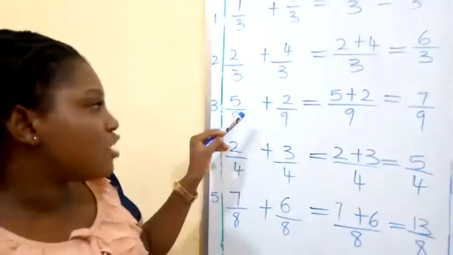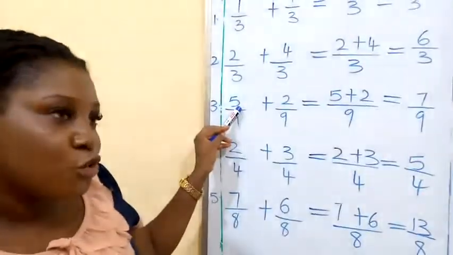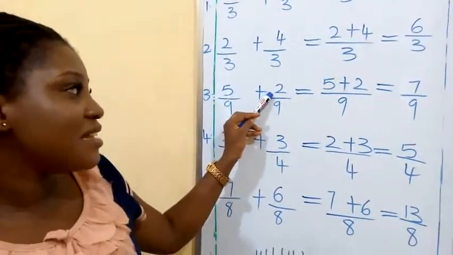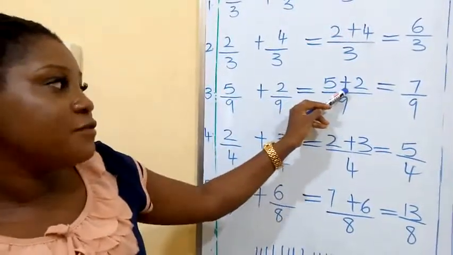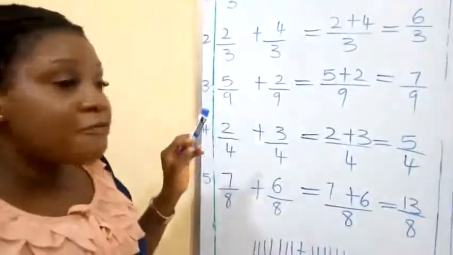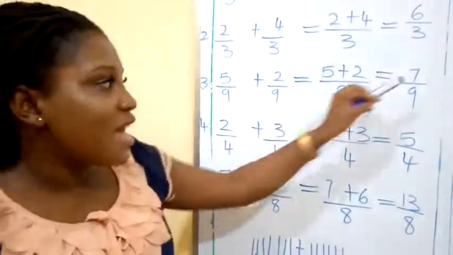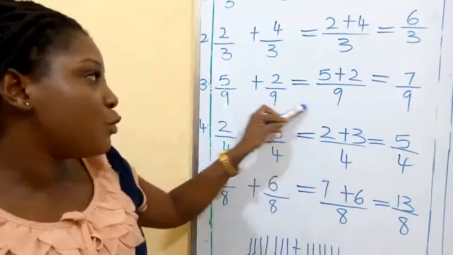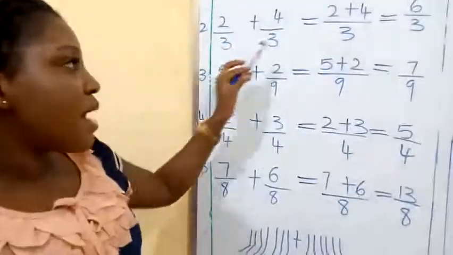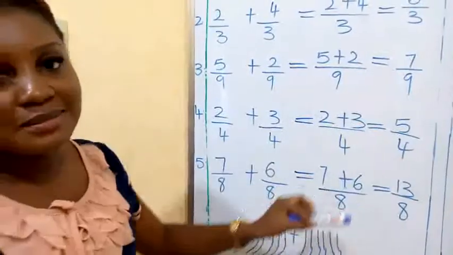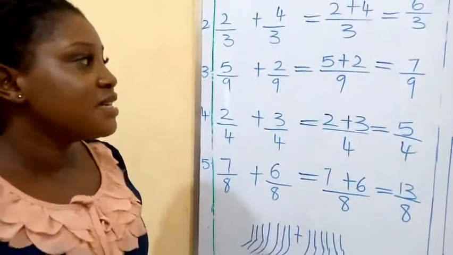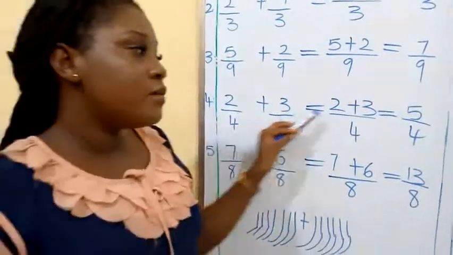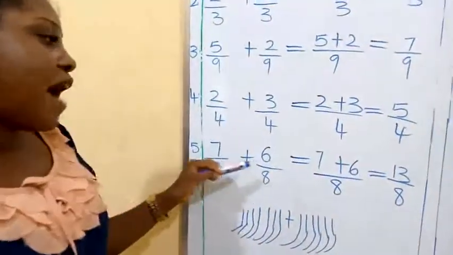You take this 5 and add it to this 2, and it gives you 7. 5 plus 2 will give us 7. After that, all over the denominator, which is 9. Remember, you must arrange it like this. Have you seen the arrangement? Good. The same thing goes for number 4, and the same thing goes for number 5.